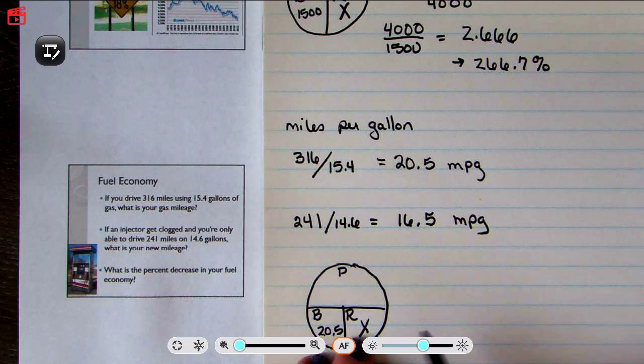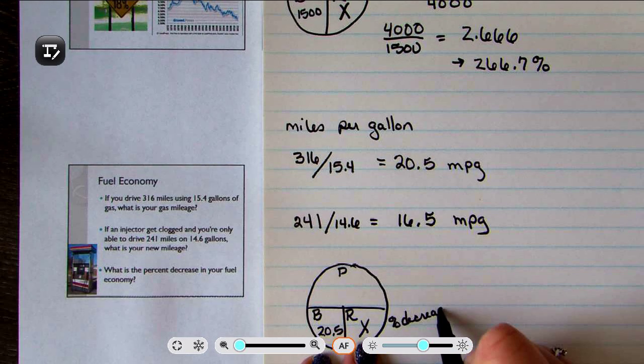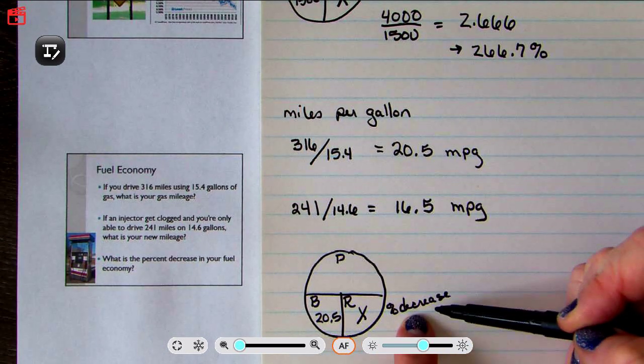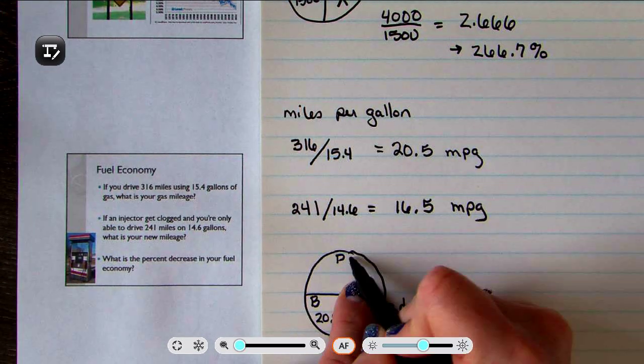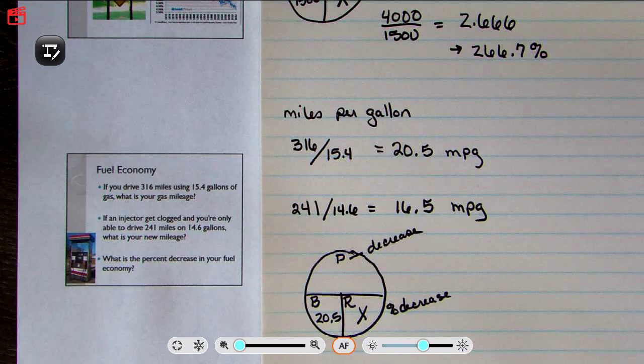However, we want to remember this is going to be a percent decrease. So that part has to answer the same question. We're looking for percent decrease. Our part also needs to be the decrease. We don't want to know what percent we ended up with. We want to know what percent did we decrease. So we need to make sure we have that decrease.